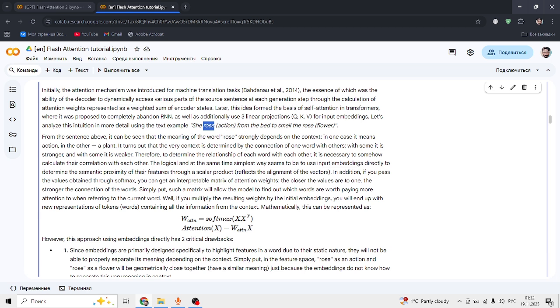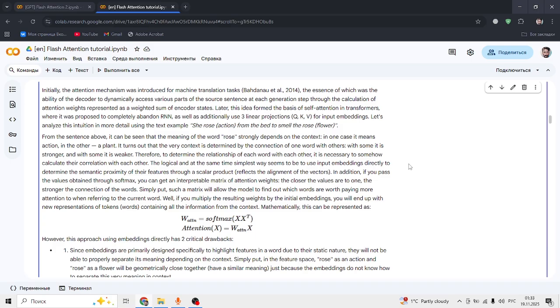So the logical and at the same time the simplest way may be to use input embeddings directly to determine the semantic proximity of their features through a scalar product. Why scalar product? Because it reflects the alignment of the vectors.